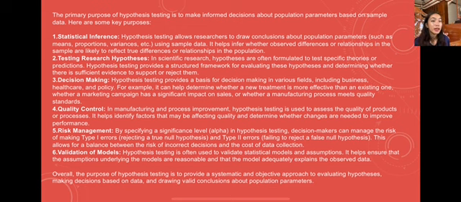Hypothesis testing is often used to validate statistical models and assumptions. Overall, the purpose of hypothesis testing is to provide a systematic and objective approach to evaluating hypotheses, making decisions based on data, and drawing valid conclusions about population parameters.